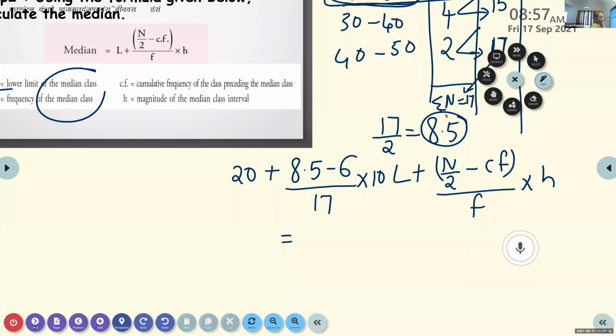Did you get it? Yes or no? You can tell. Just let me see whether your voice is coming or not. No. Okay. Is it okay? Let everyone complete. Those who got the answer, you can put it in the chat box.